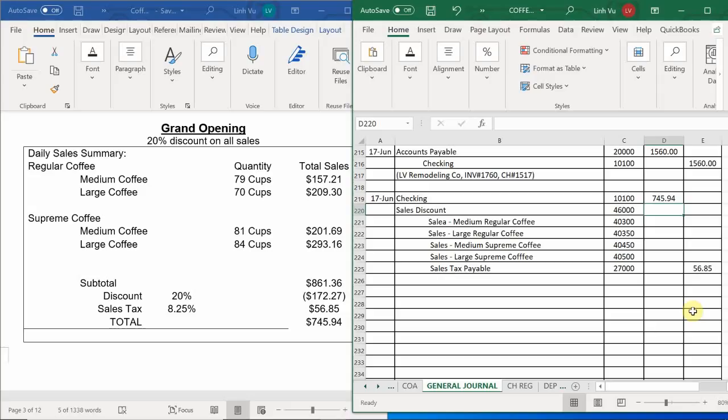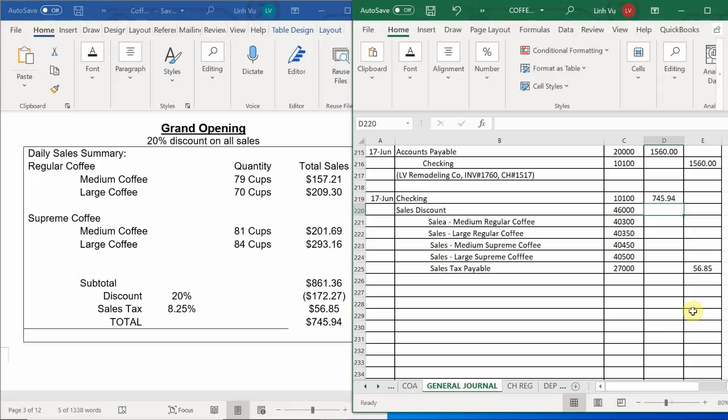Okay. What about my sales discount? Why is my sales discount debited?